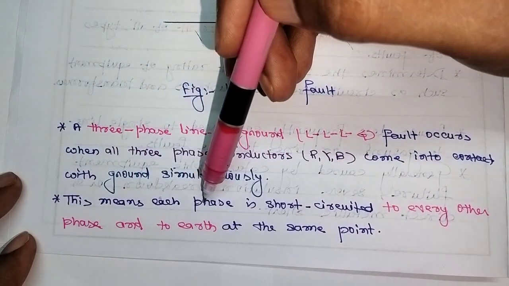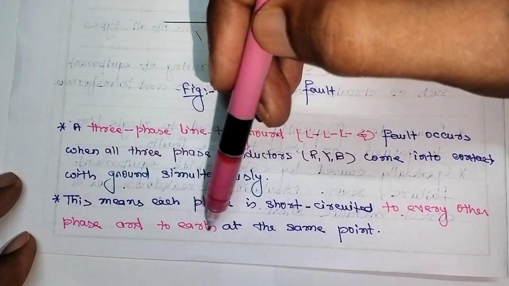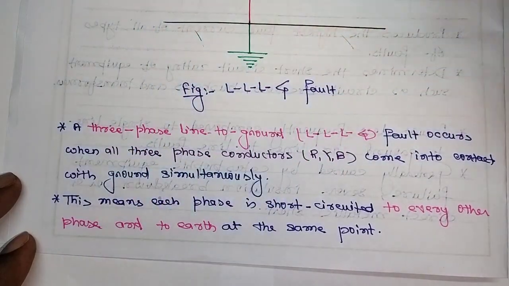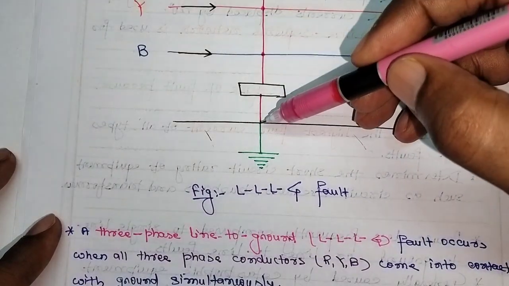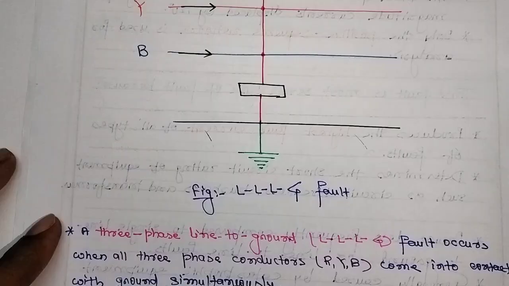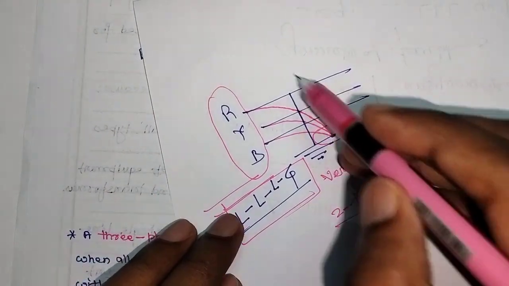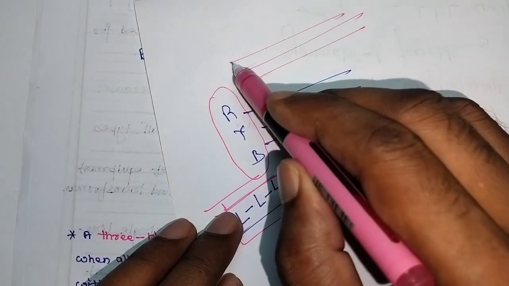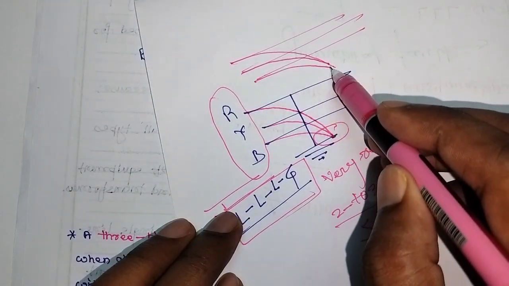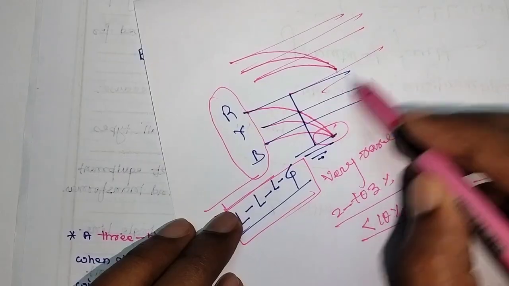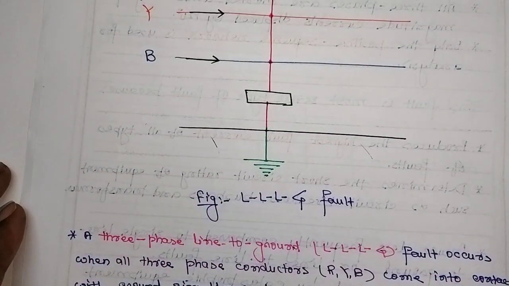This means each phase is shorted to every other phase and to the earth at the same point. In the diagram also I have shown that whenever the fault occurs in the system, after the breakage they touch the ground at the same point only.